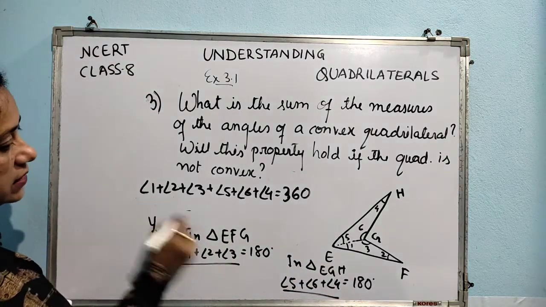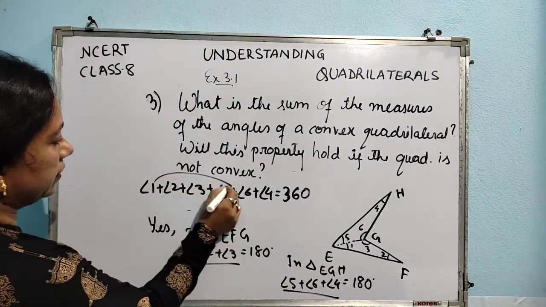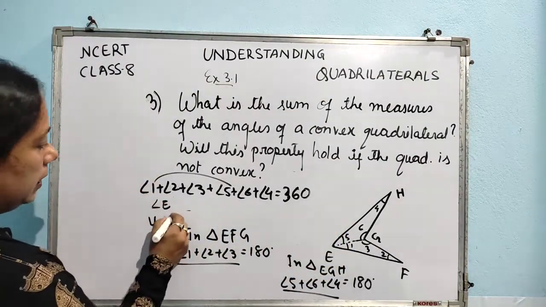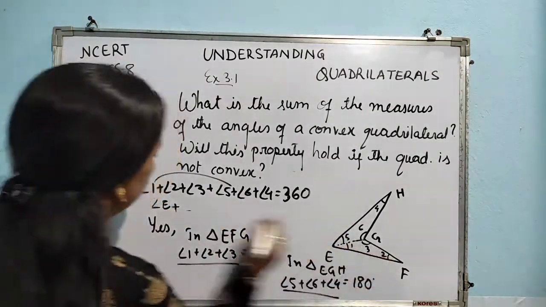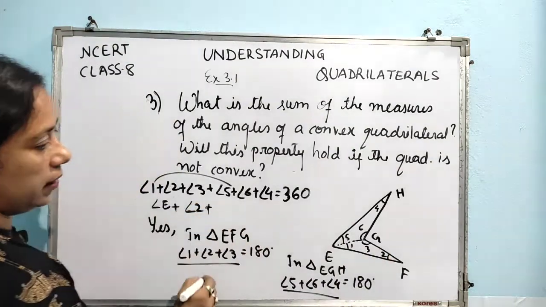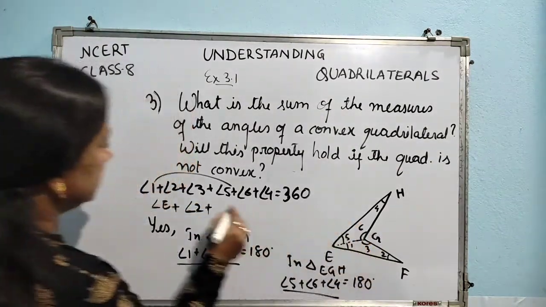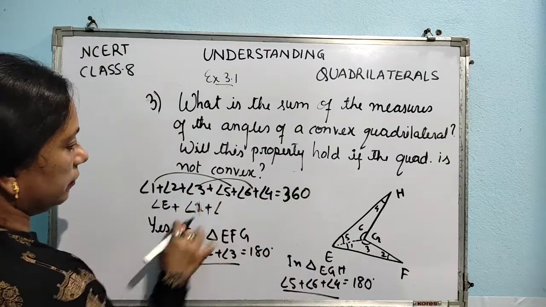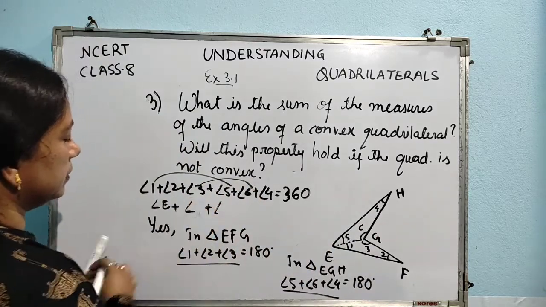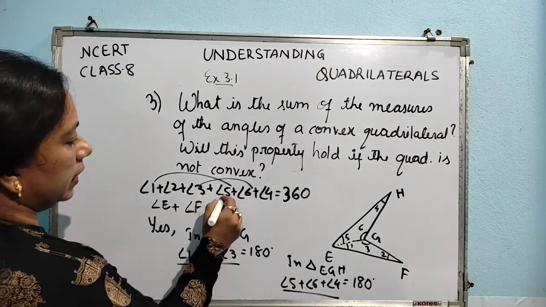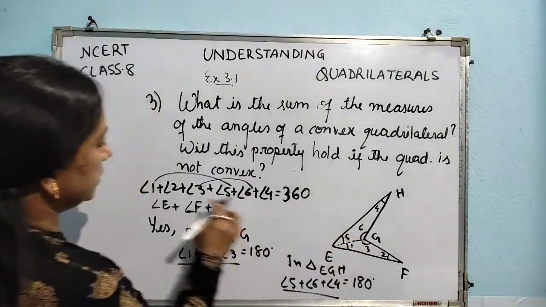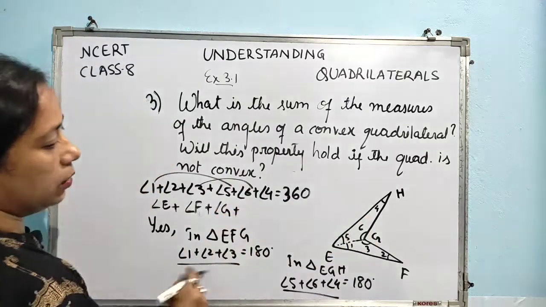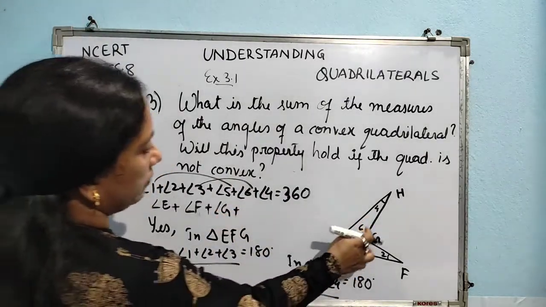So if I consider 1 and 5 together, I can get angle E. Now what about angle F? It is angle 2. What about angle 3 and 6? Now consider 3 and 6 together, I can write F. 3 and 6 means our angle G. Now we have angle 4.